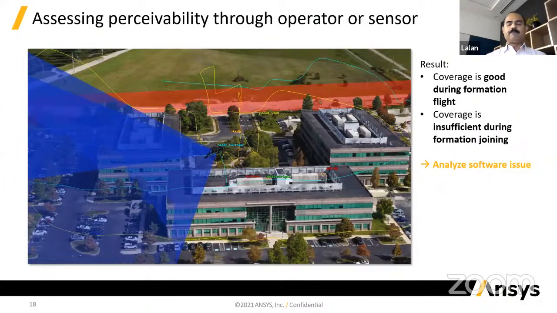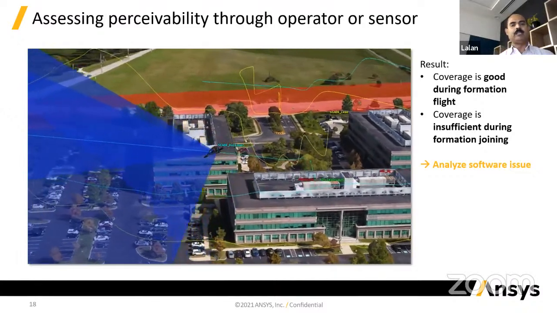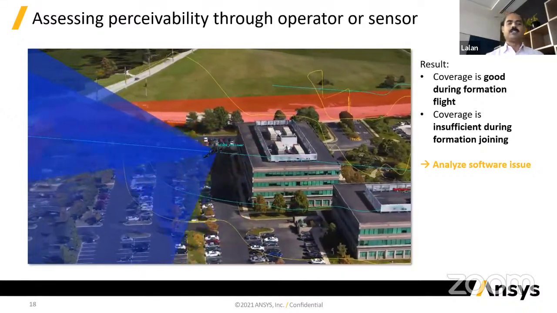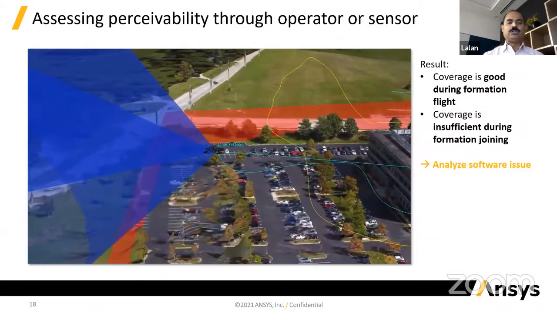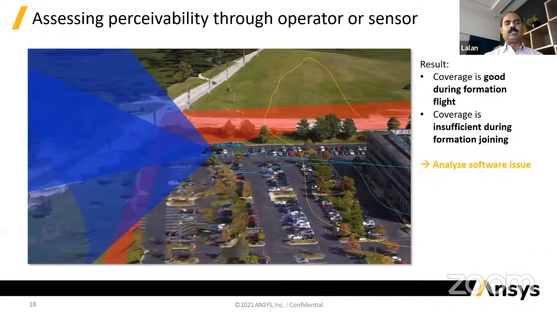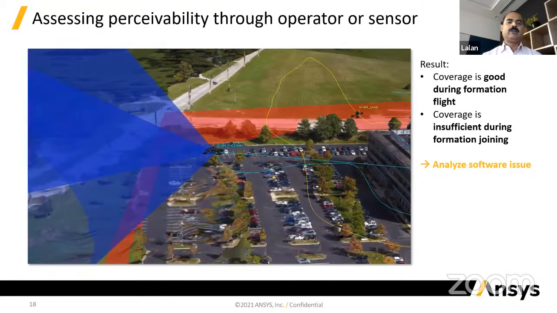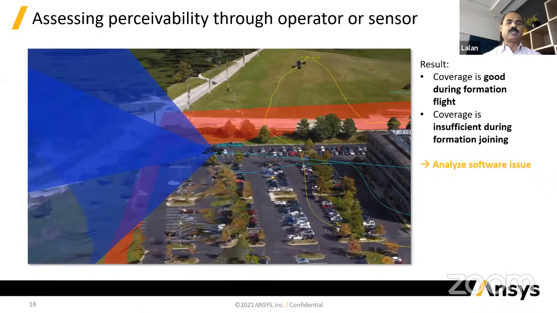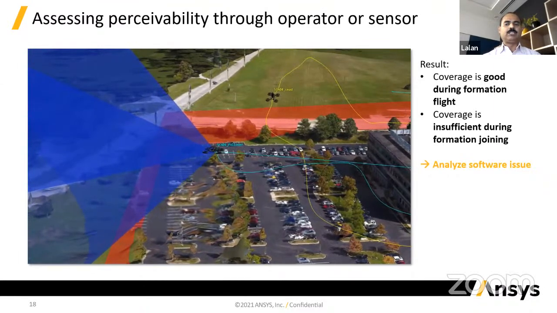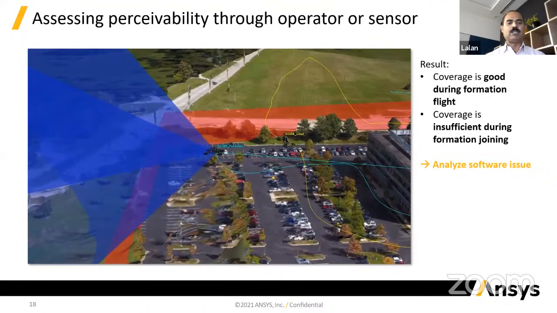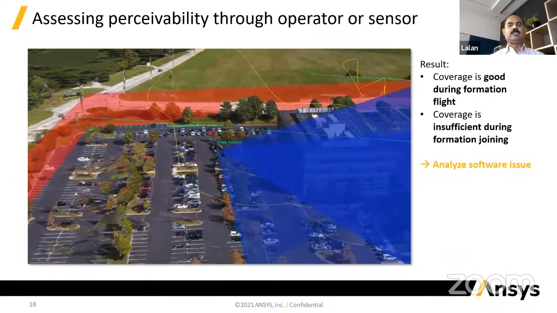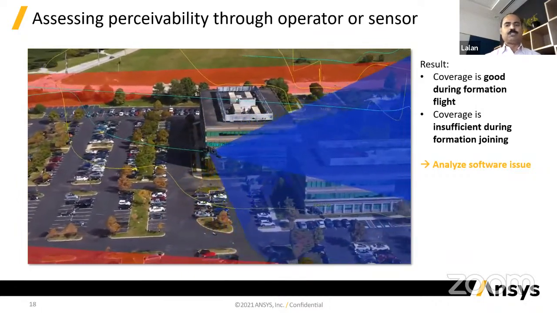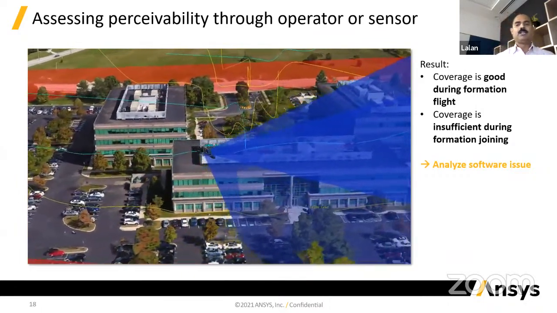So with these local sensors, the mission analysis was performed and simulated again, and if you look at these videos clearly, the coverage has been given quite well. But even with these local sensors, we have still not solved the problem during the formation joining.